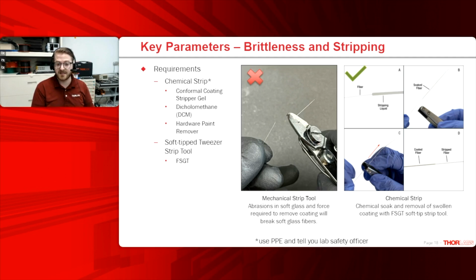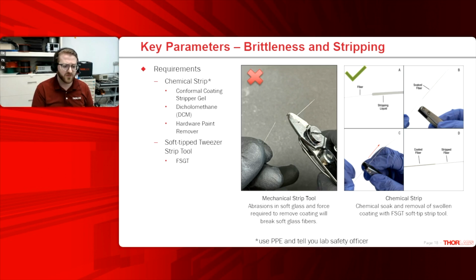So instead, it is highly recommended that you use a chemical stripping process, just having some chemical soak to soften that fiber coating, and then use a soft tip strip tool like the FSGT, which is linked below, to pinch and break the coating without marring the glass surface.